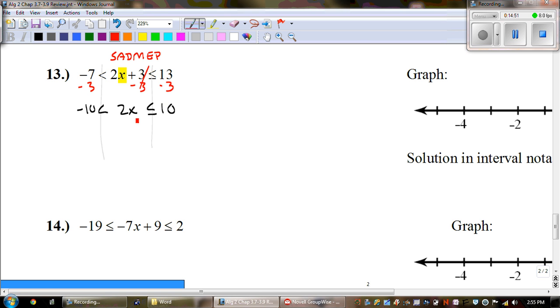Now is the x by itself? Nope. We have to divide everything by 2. And then we get -5 is less than x, which is less than or equal to 5.